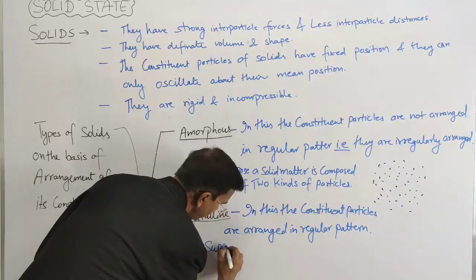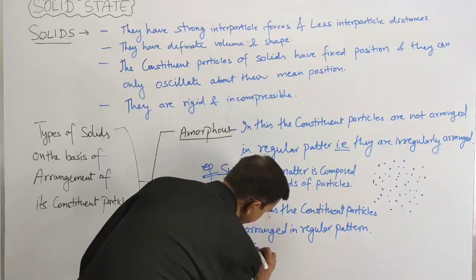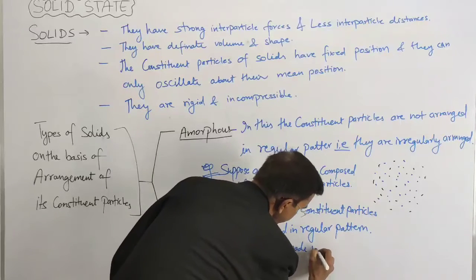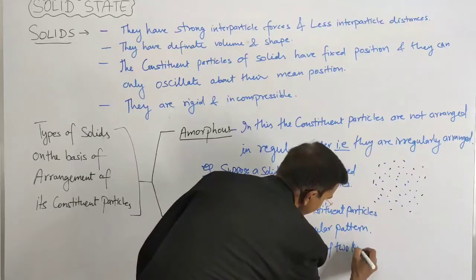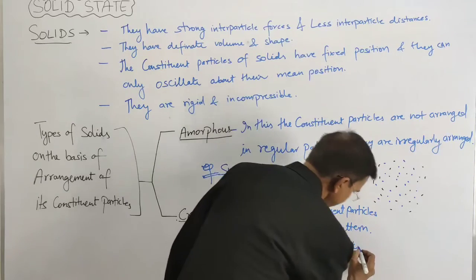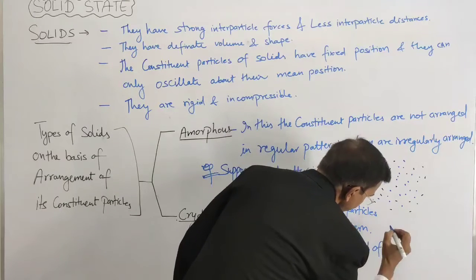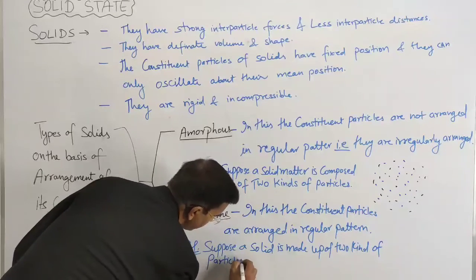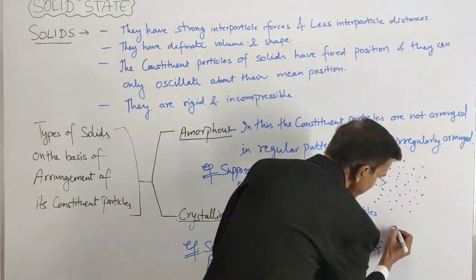For example, suppose a crystalline solid is made up of two kinds of particles. Then here is the regular pattern I am going to show.